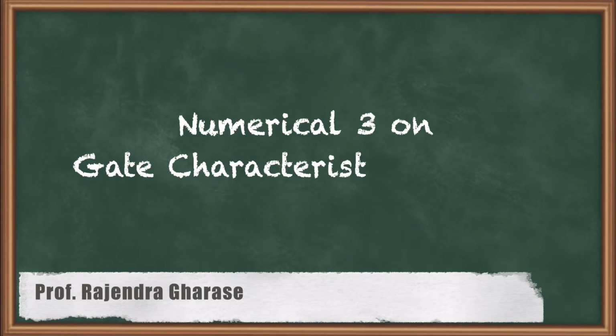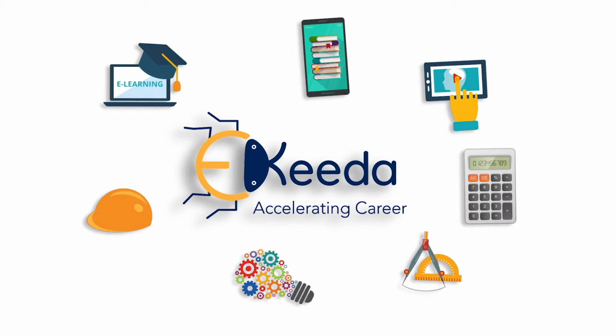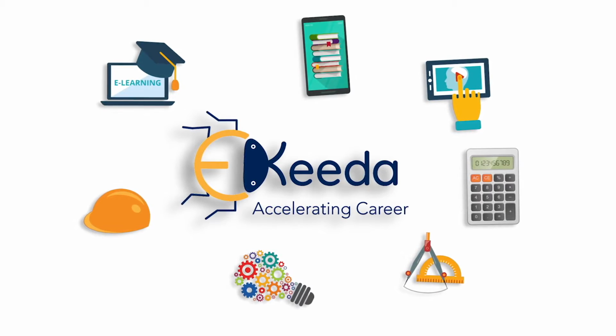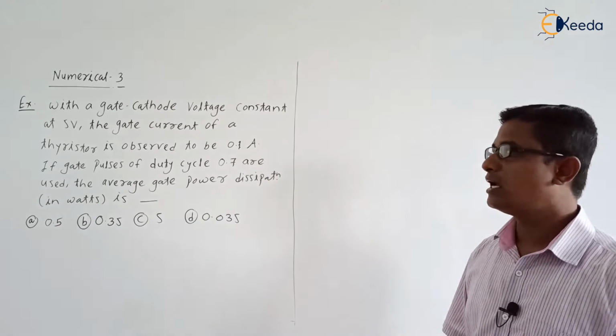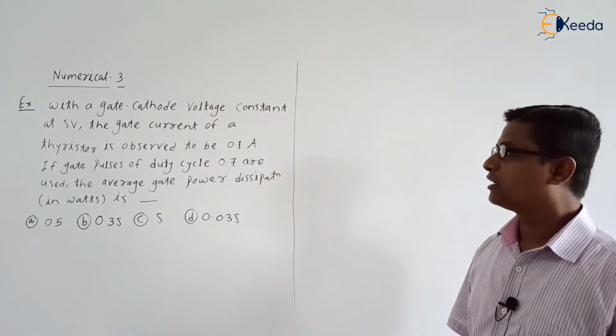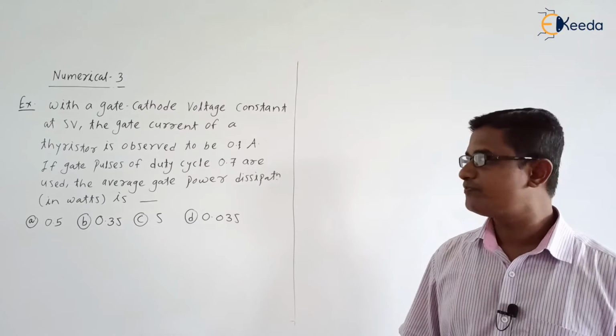Hello friends, in this video we are going to discuss the third numerical related with the gate characteristic of SCR. So let us read the example carefully. With a gate cathode voltage constant at 5 volt, the gate current of a thyristor is observed to be 0.1 ampere.